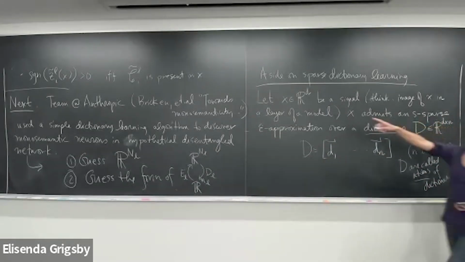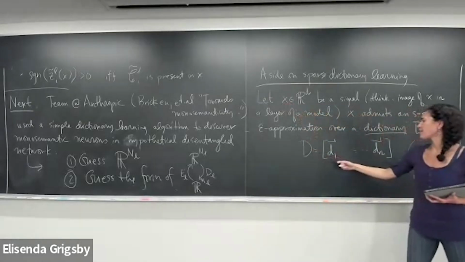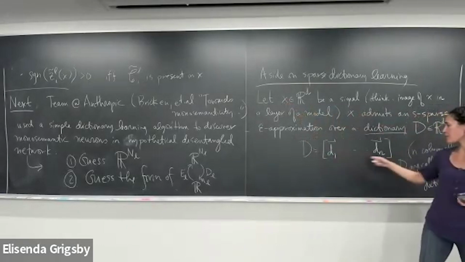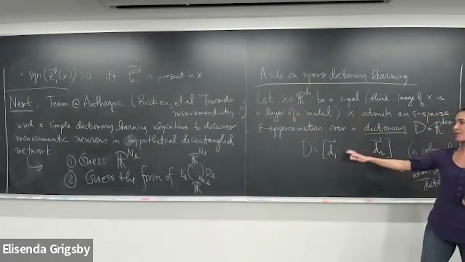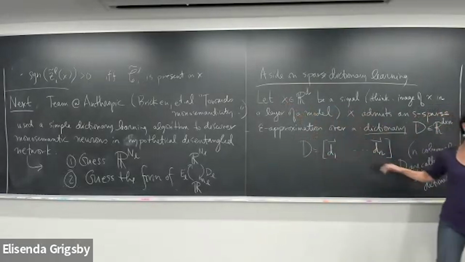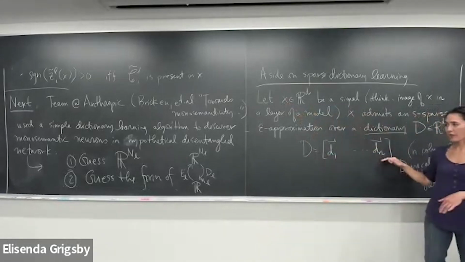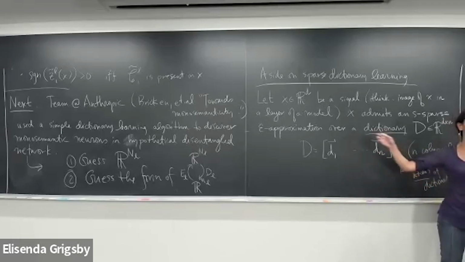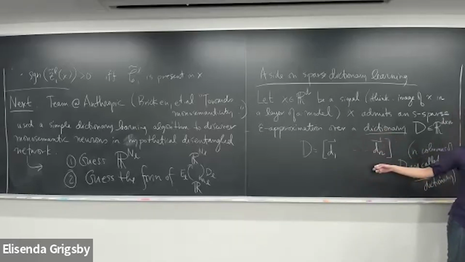What you want is that X is close to being a linear combination of just S of these. Let's think about this geometrically. You've got these n vectors inside of R^D, and what you're really wanting is that X is close to some S-dimensional subspace spanned by some size S subset of this set.